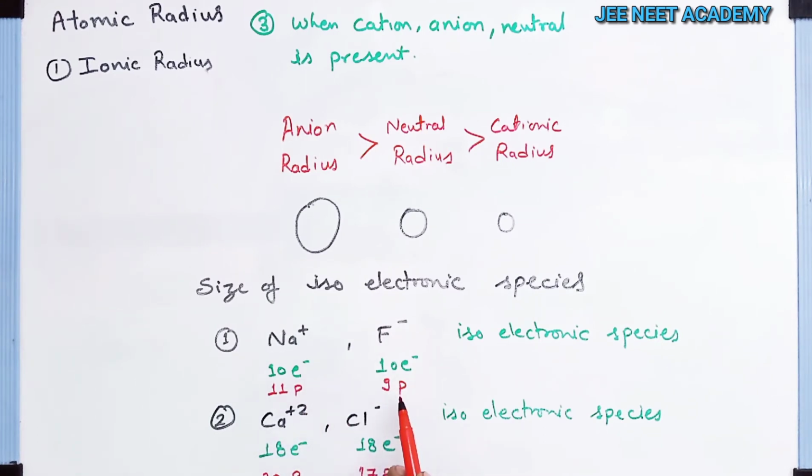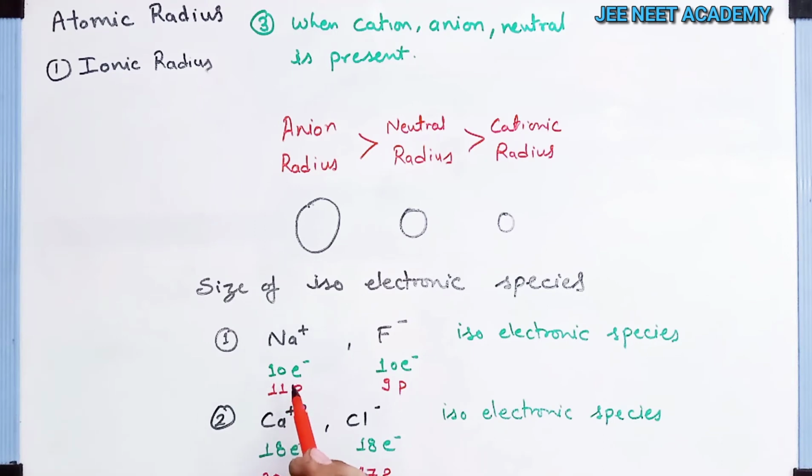Here 9 protons are attracting 10 electrons, here 20, here 17. So in the first case, 11 protons are attracting 10 electrons and 9 protons are attracting 10 electrons. So which can pull more powerfully? 11.